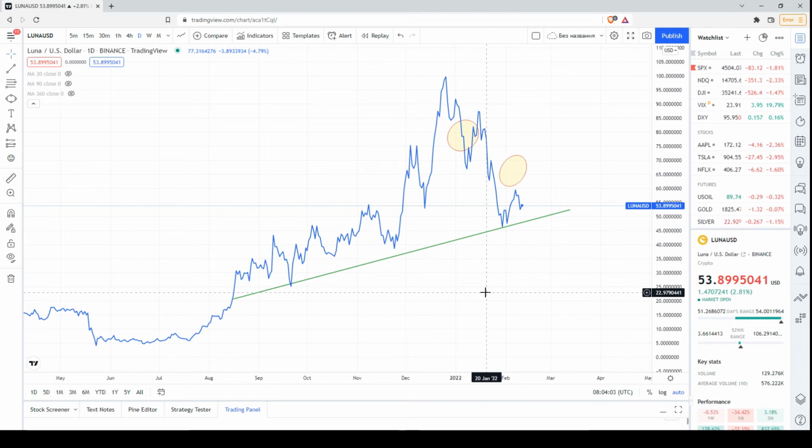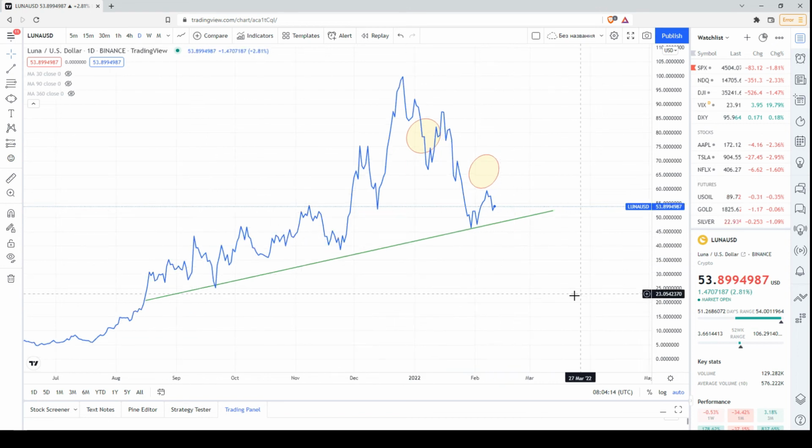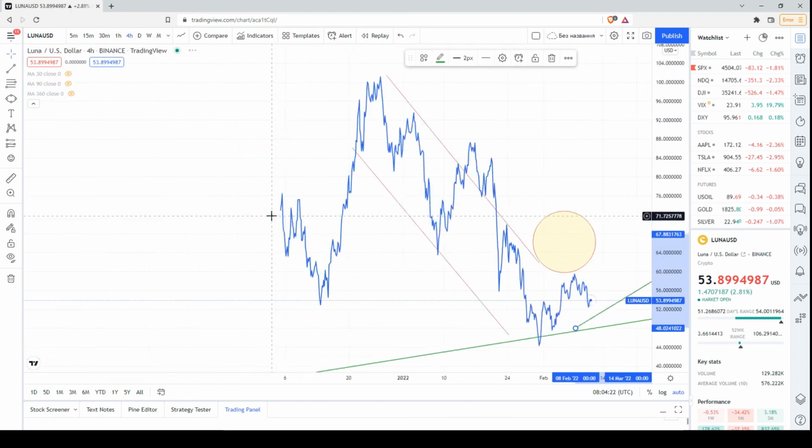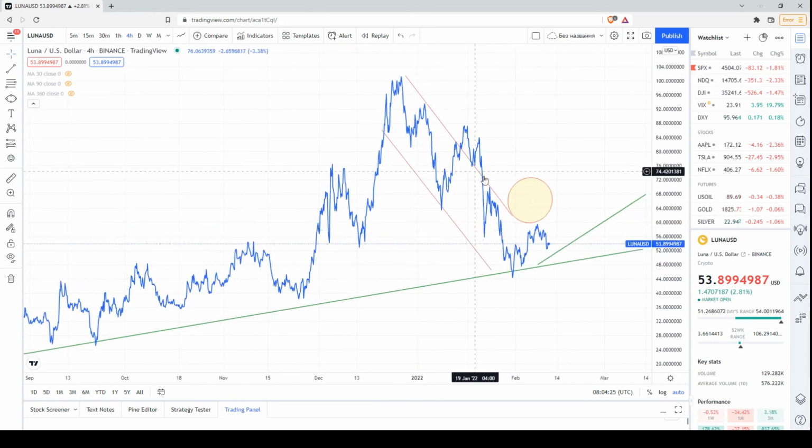Let's see if the price is able to resume the uptrend, because once again we have a sequence of higher highs and higher lows. To see if the price will resume the uptrend from the trend line, we can switch to the 4-hour chart and have a look at the descending channel.